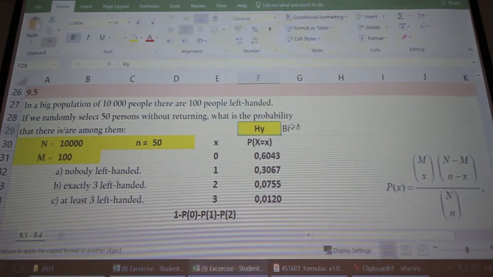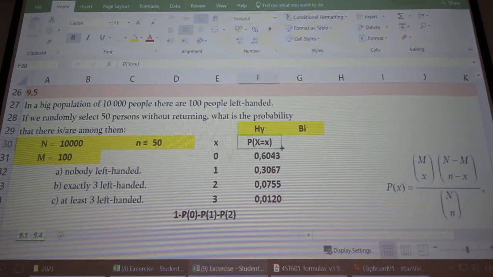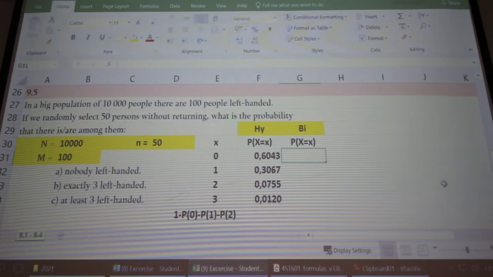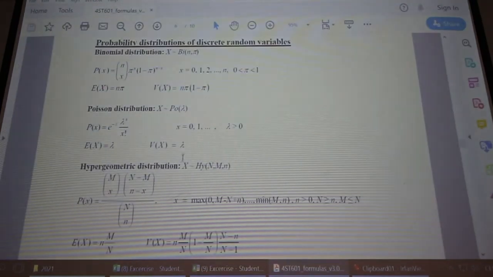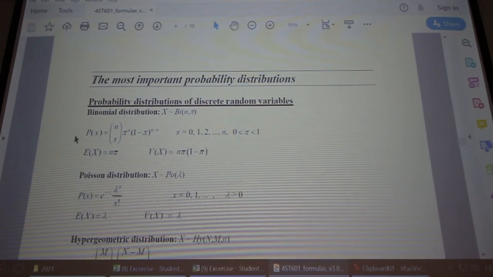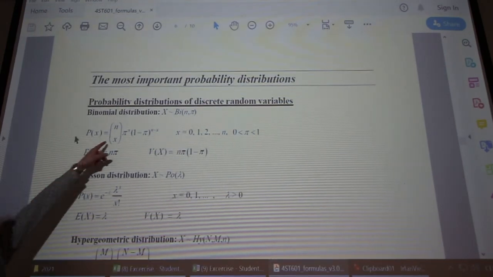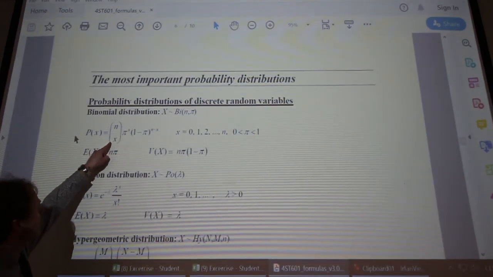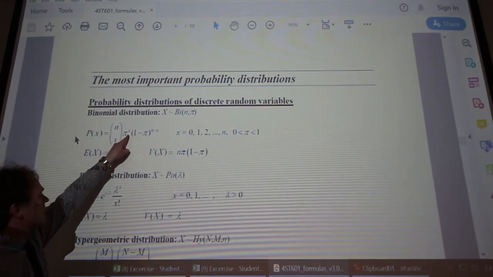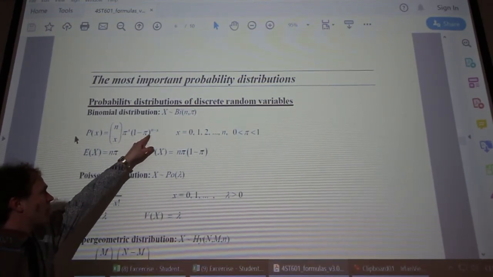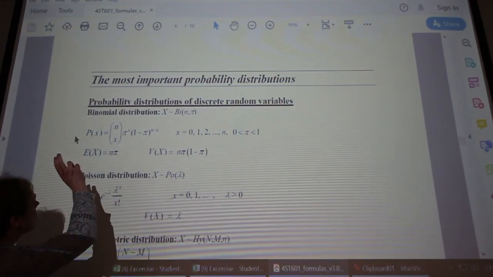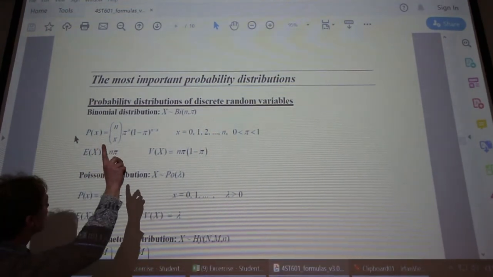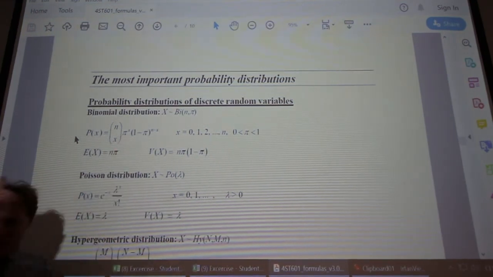I will use formatting. The probability that random variable x will be equal to x will be here. I don't need this probability function anymore, but it's necessary to use the probability function of binomial distribution, n above x times p powered by x times 1 minus p powered by n minus x. Do you remember this formula? So we will calculate this, but we need to know parameter p.